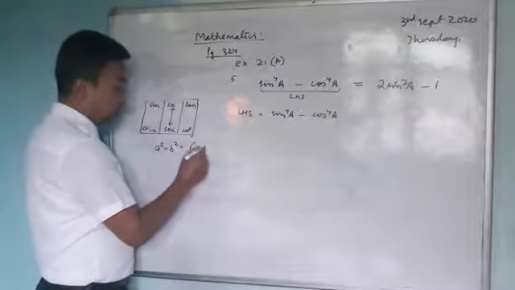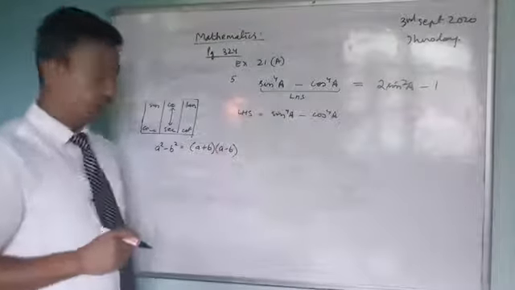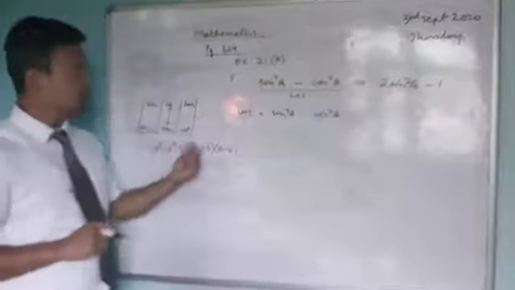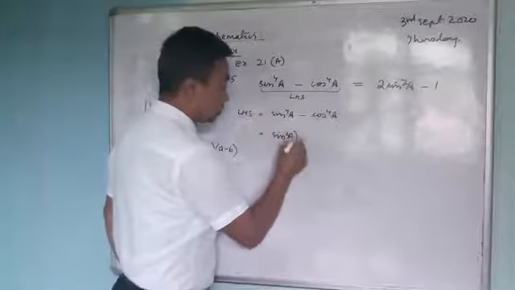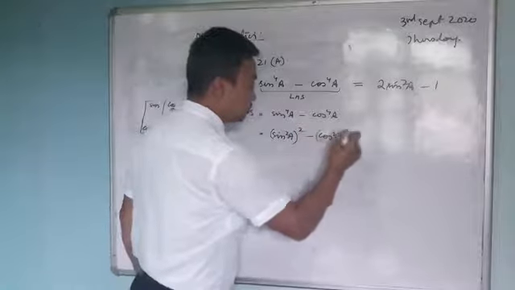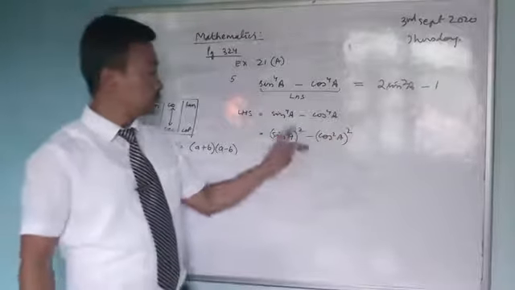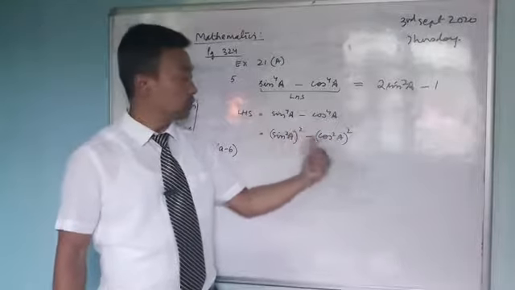We have learned that the algebraic formula a square minus b square is (a plus b)(a minus b). But here in place of square there is 4. So what we can do is, we can make it like this. Because 2 twos are 4, 2 twos are 4. Now this becomes your a square minus b square.